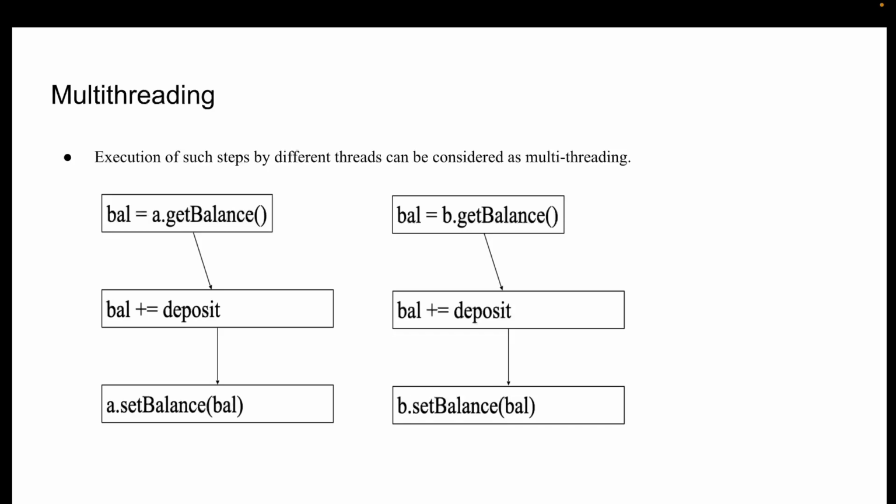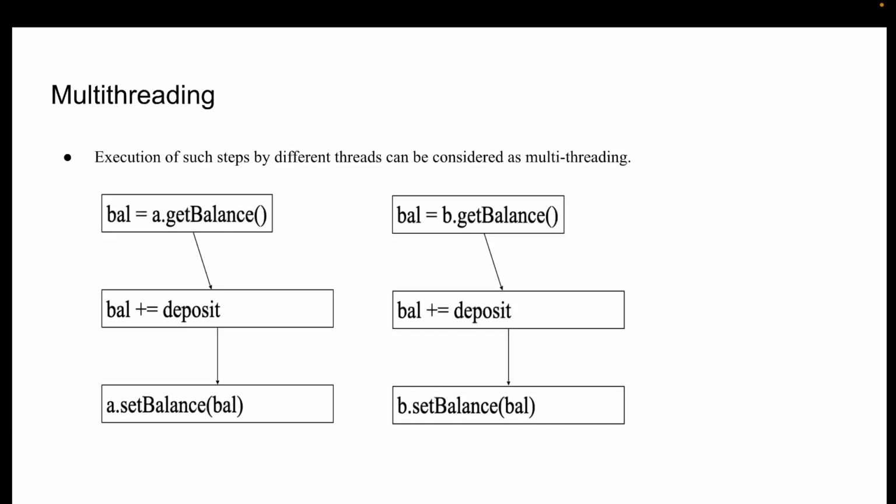And at that same time, thread B already withdraws that particular amount. They both have access to the same bank account. So what happens? Thread A has seen $1,000 in the bank account, and thread B has also seen $1,000 in the bank account.